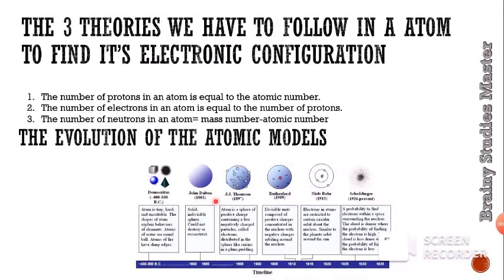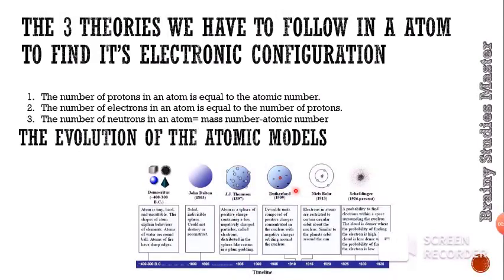He said that John Dalton's idea was wrong, and that the atom is a sphere of positive charge containing a few negatively charged particles called electrons distributed in it like raisins in a plum pudding. People call his model the plum pudding model. He was nearly there, but he said there are positive and negative charges, so these are divisible units.